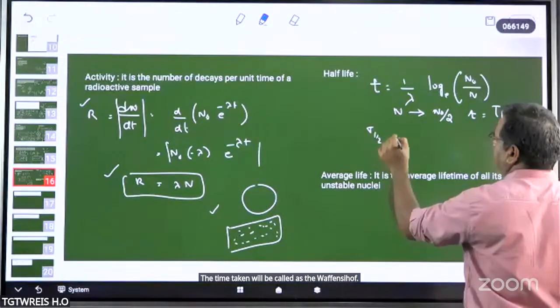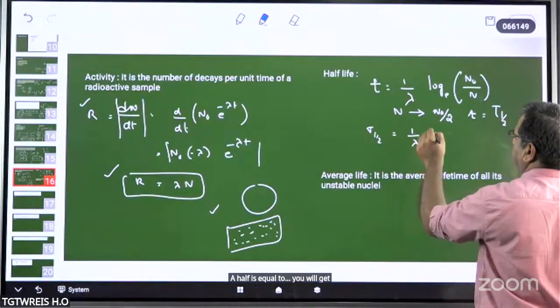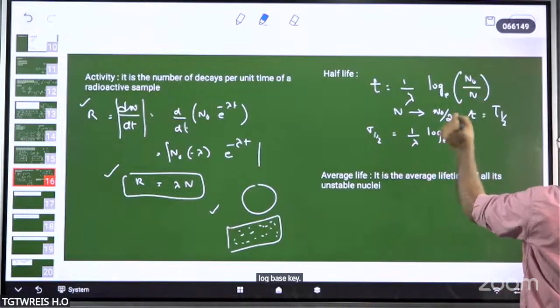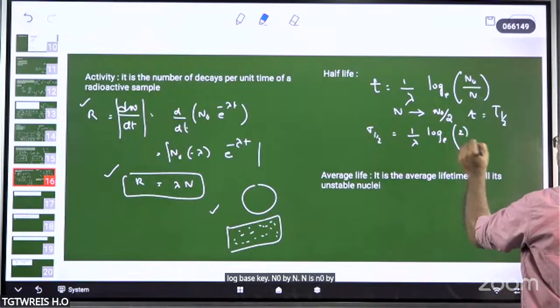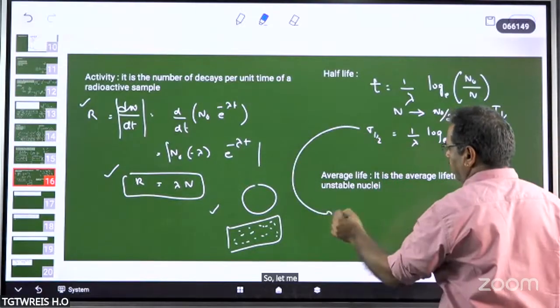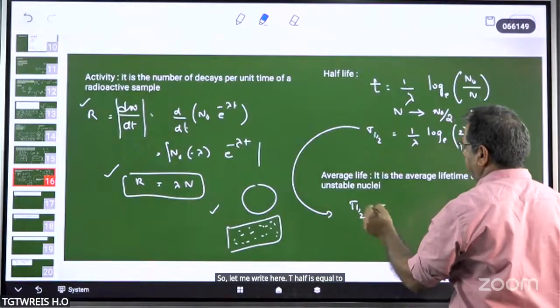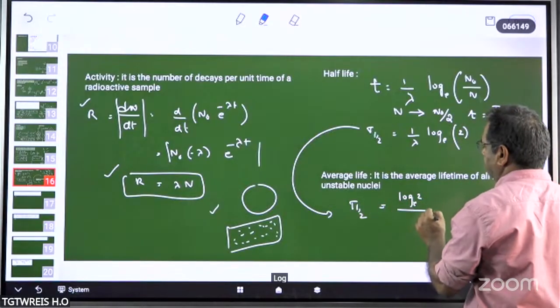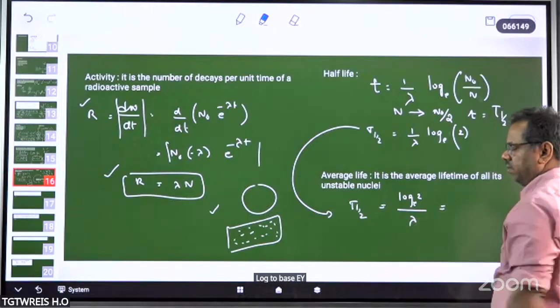T half is equal to 1 by lambda into log base e n naught by n. N is n naught by 2, so we will get log 2. So T half is equal to log 2 base e by lambda.